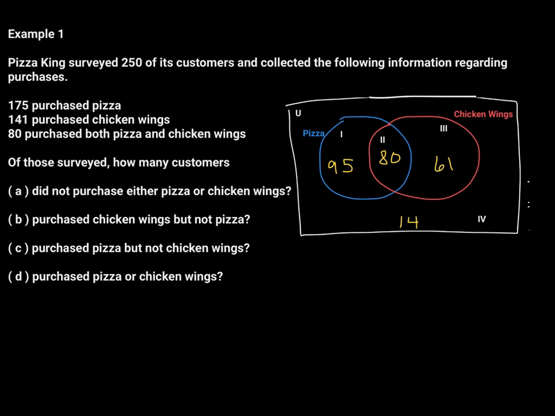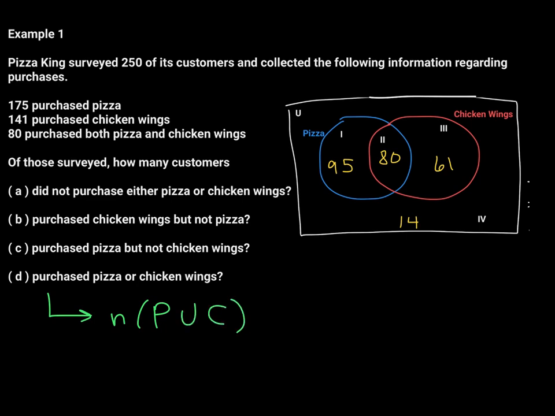And finally, how many customers purchased pizza or chicken wings? Now that means you ordered pizza only, or chicken wings only, or you ordered both pizza and chicken wings, right? That's the definition for the union of two sets, right? This word or right here means the union. So the answer for part D here is going to be the number that are in this set.